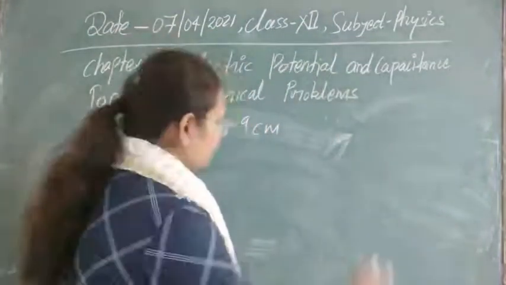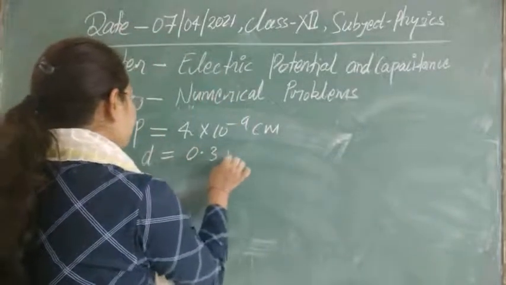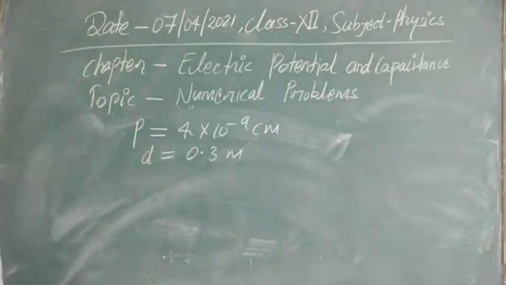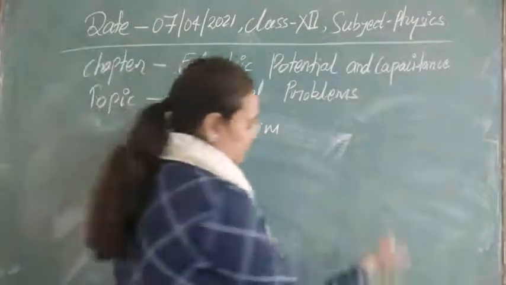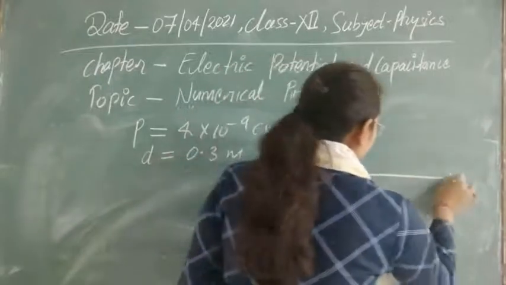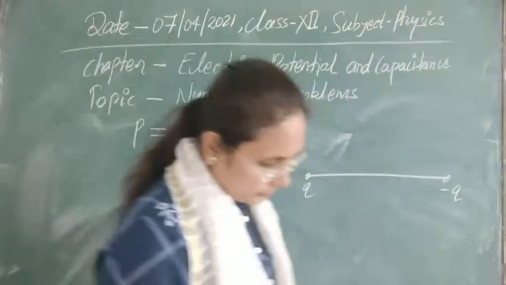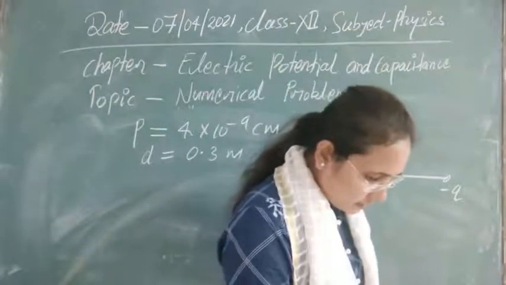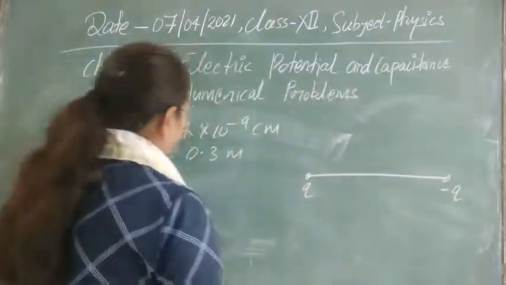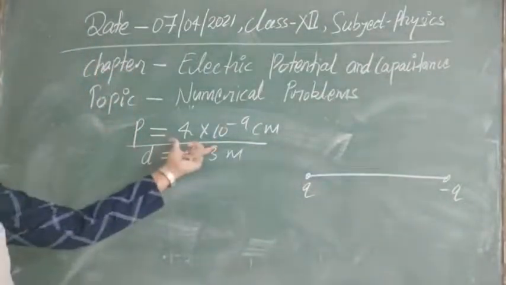So the distance that is given is d equal to 0.3 meter. We have a dipole system of two charges, q and minus q, and the dipole moment for them is given as p equal to this value.